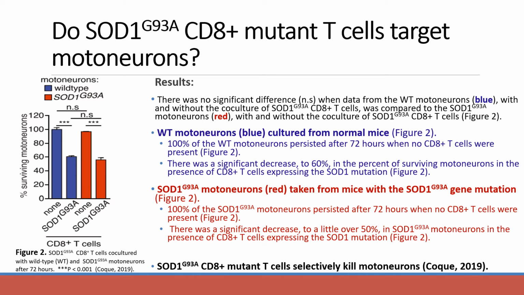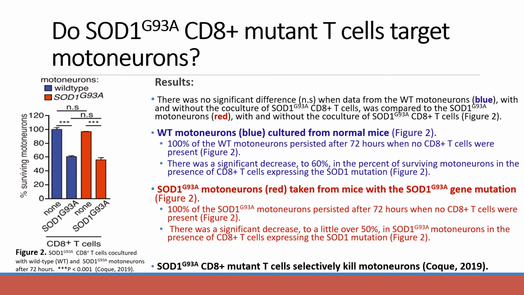after 72 hours. There was no significant difference, that's what the NS stands for, when the data from the wild type motor neurons, which is the blue bars, with and without the co-culture of SOD1 mutant CD8 T cells, was compared to the mutant motor neurons, the red bars, with and without the co-culture of mutant CD8 T cells.